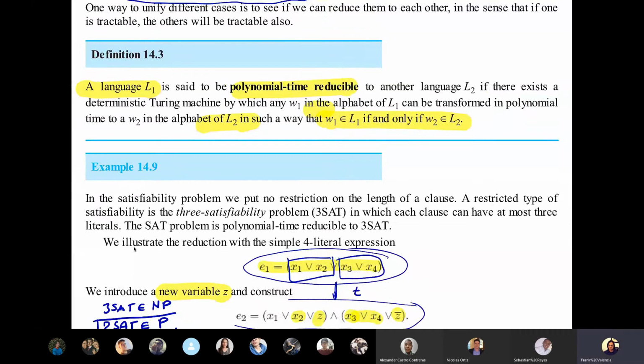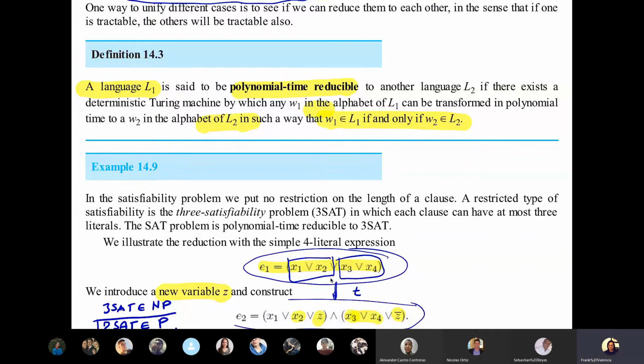So basically, it's telling me that I can reduce L1 to L2 in polynomial time.